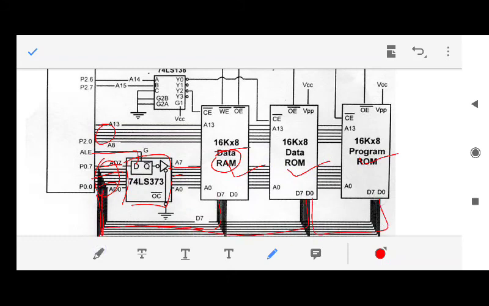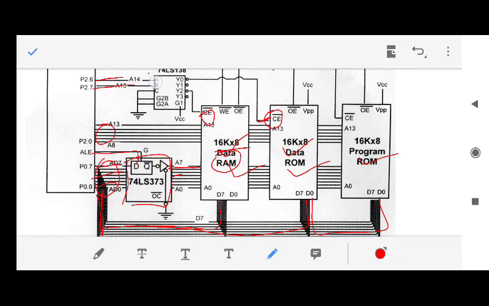Fine. Now we have to remember which is code type and which is data type. This is data type, this is data type. Since both are data type, the chip enable signal should be taken from the remaining address lines. How many address lines are remaining? Only 2 address lines are remaining. So we can take a simple NAND gate, and if you want, you can take a decoder also.